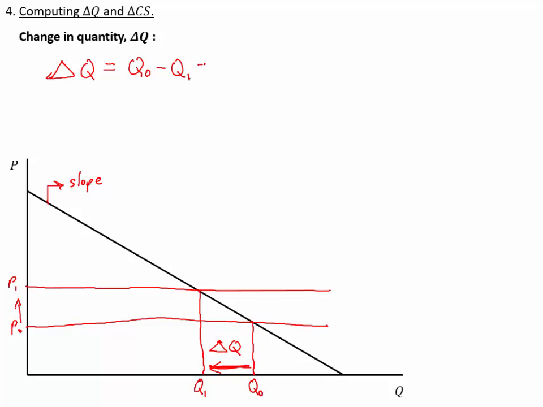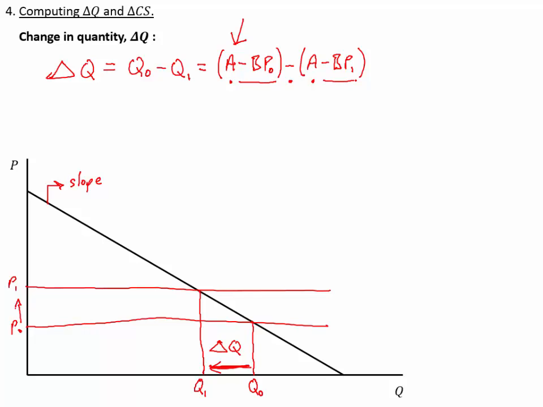All right, well, let's actually express that in terms of the linear demand model that we're working with. Q0 is A minus B times P0, and Q1 is A minus B times P1. Now you're thinking to yourself, we don't have an estimate of A, but lucky for us, A minus A is 0. So what we're left with is a negative B P0 and a negative B P1.